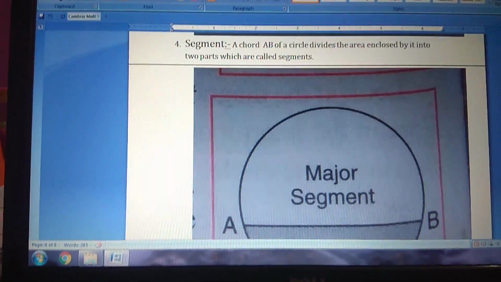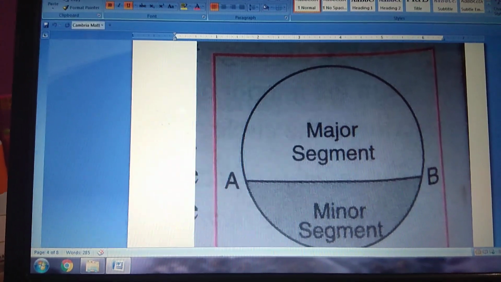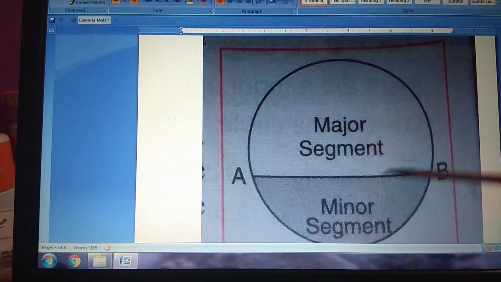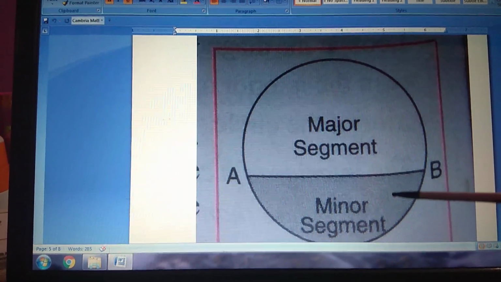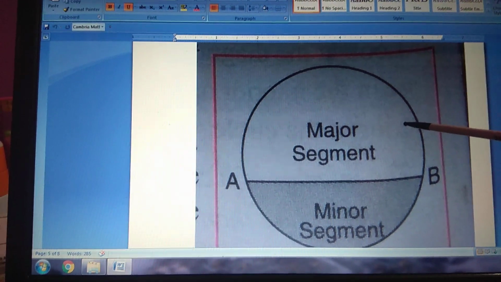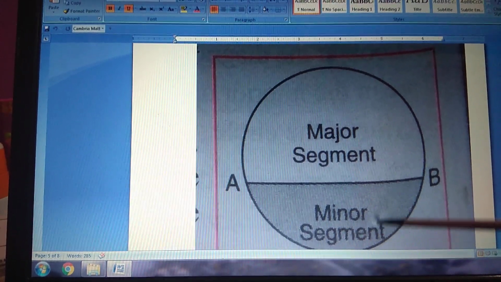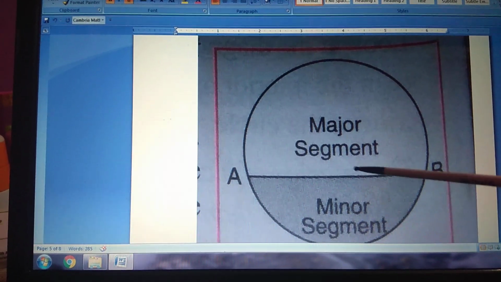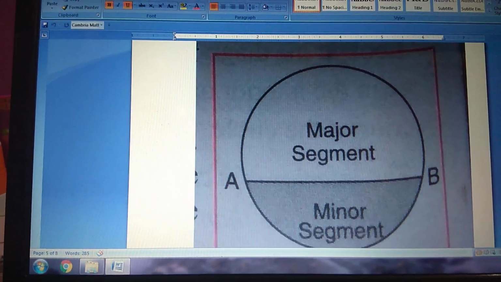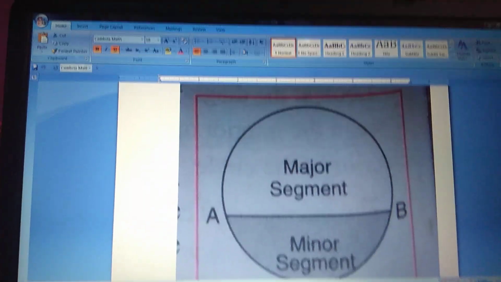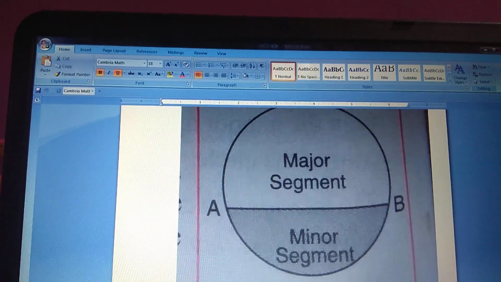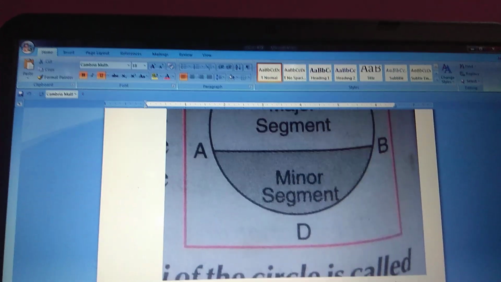Here one more thing I need to explain. You can see AB divides the circle into two unequal parts. The smaller part is called the minor segment and the bigger part is called the major segment. Okay, so be careful about minor and major segment.